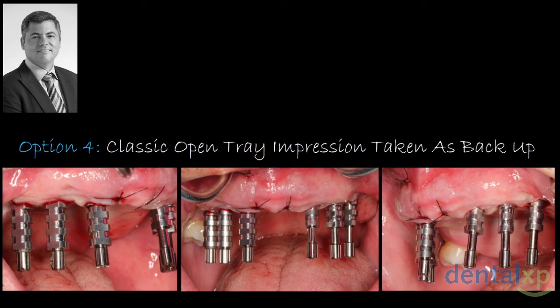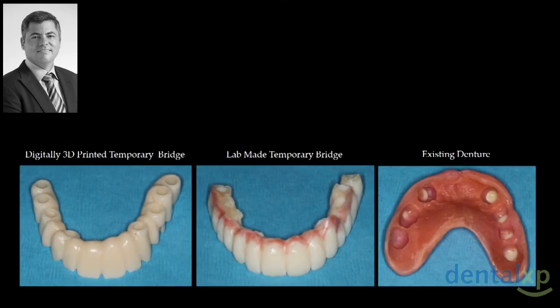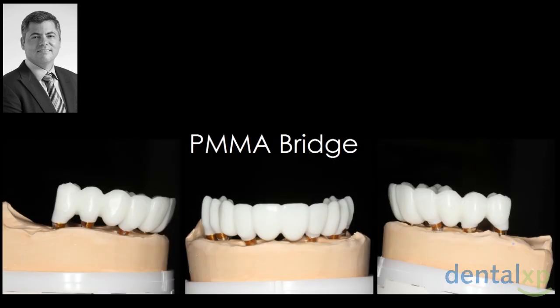And number 4, you can utilize the classic open tray impression technique, take it as a backup, and have the technician work for you. As you see, we did it minimally invasive tissue punch technique, and we were able to develop 3 different strategies, and the 3 of them fit well, including a PMMA bridge that also fit very well.